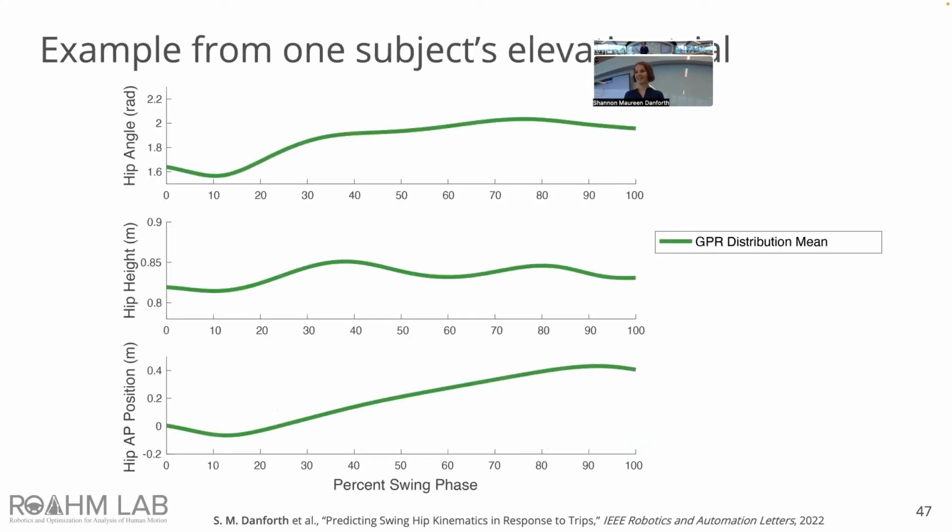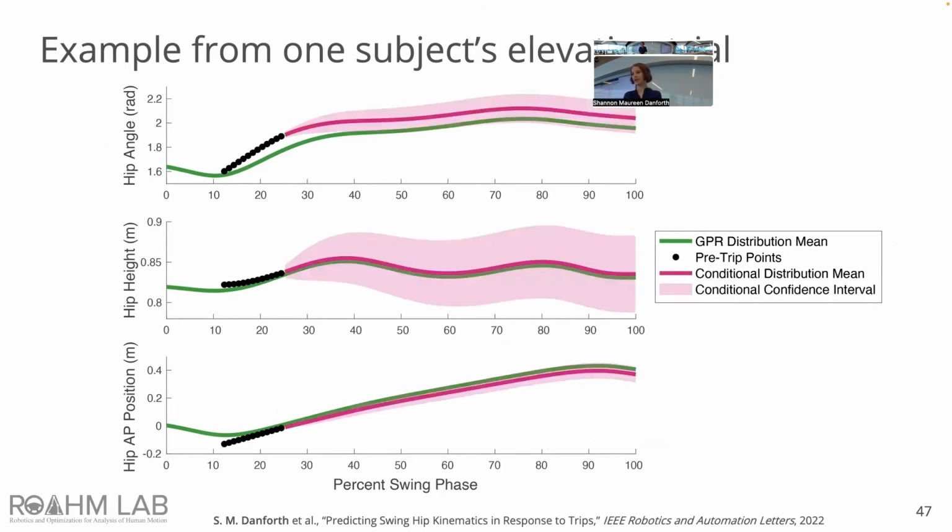So walking through this entire process again, we have this mean prediction computed offline, the pre-trip points generate a conditional prediction and confidence interval, and then we can compare that to the subject's actual trajectory to see, does it remain inside those confidence bounds, and what's the prediction accuracy there.